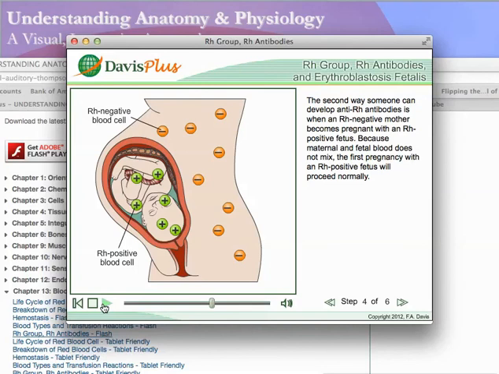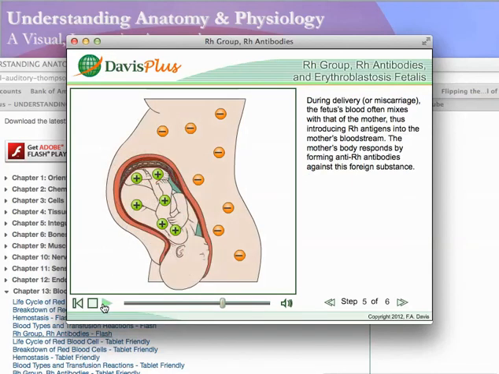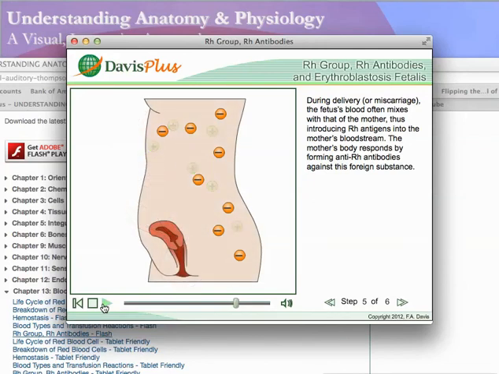Because maternal and fetal blood does not mix, the first pregnancy with an Rh-positive fetus will proceed normally. During delivery or miscarriage, the fetus's blood often mixes with that of the mother, thus introducing Rh antigens into the mother's bloodstream. The mother's body responds by forming anti-Rh antibodies against this foreign substance.